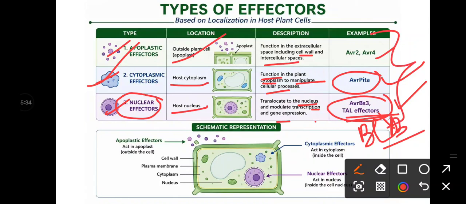In this photo you can see the representation of where these three types of effectors are located: apoplastic outside the cell, cytoplasmic inside the cytoplasm, and nuclear effector inside the nucleus.